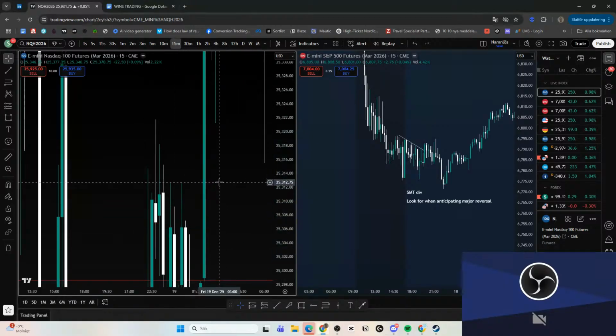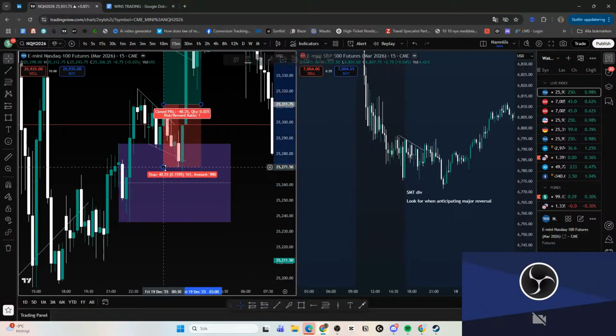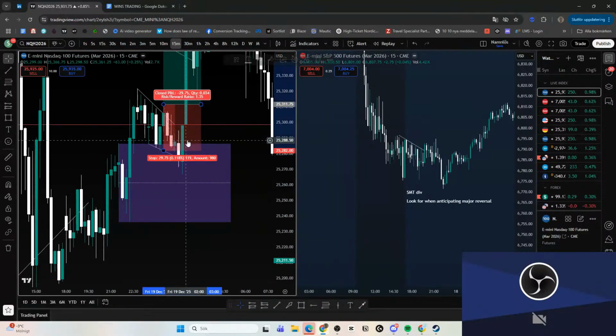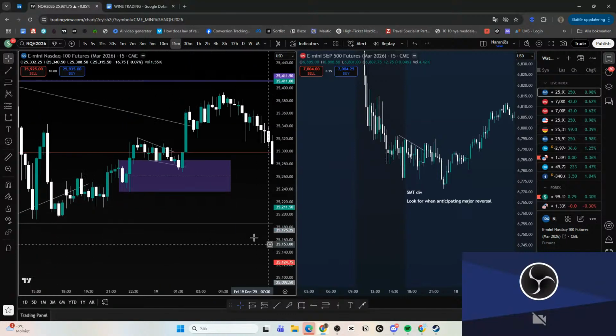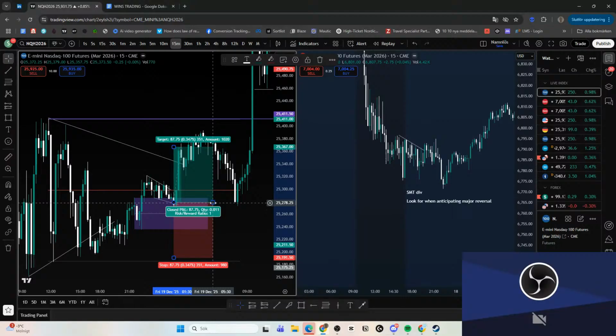I thought we broke that high. 2531.275. Yeah, same high. I guess it still does the trick though. Getting the manipulation. Clearly trendline break. Boom, starts below there. Look for lower time frame entry. I'll put this one in.